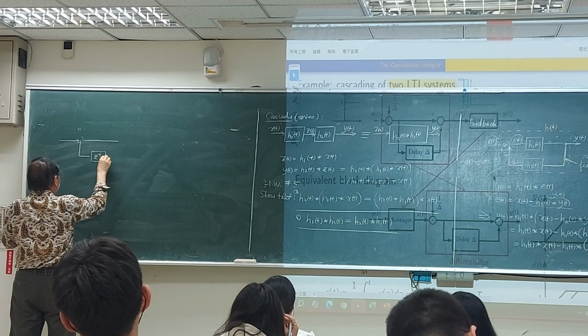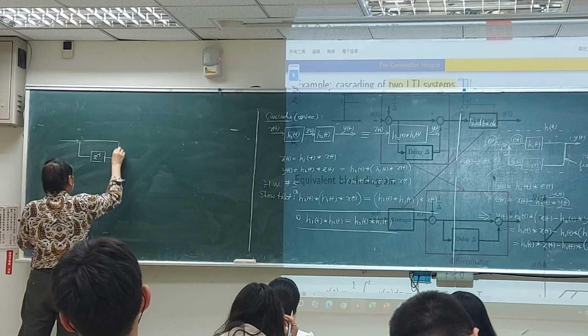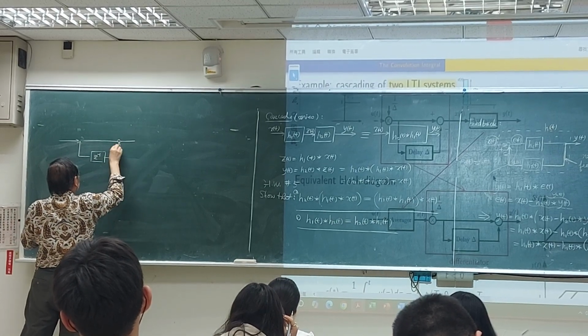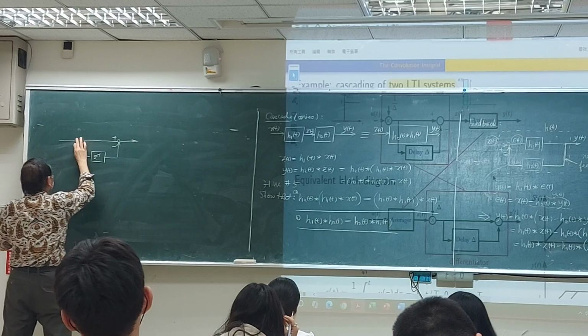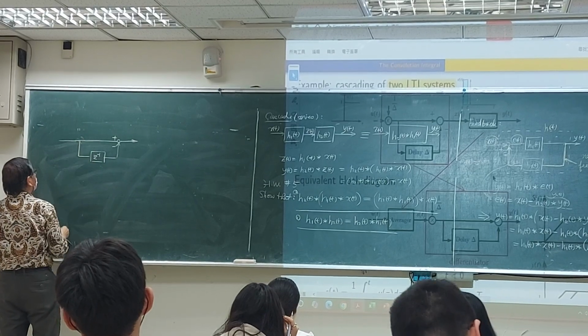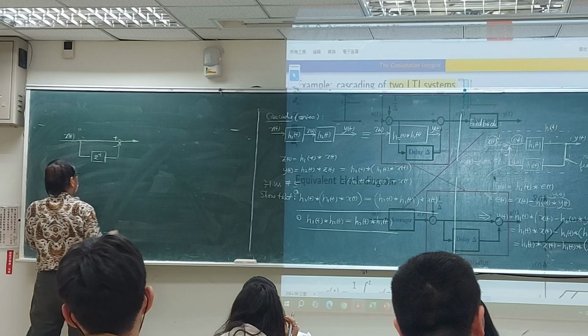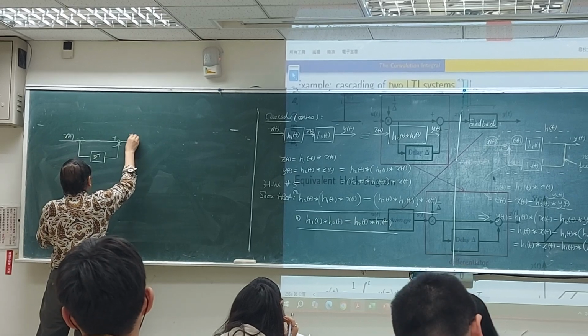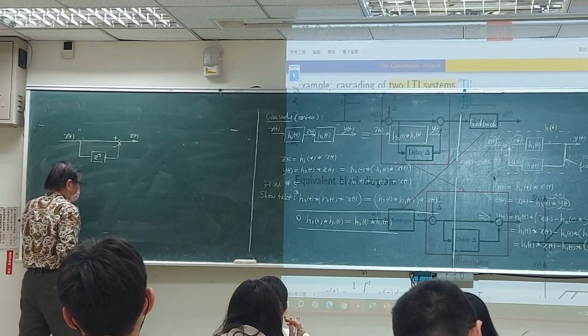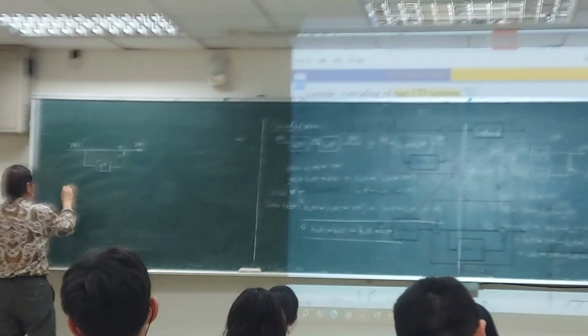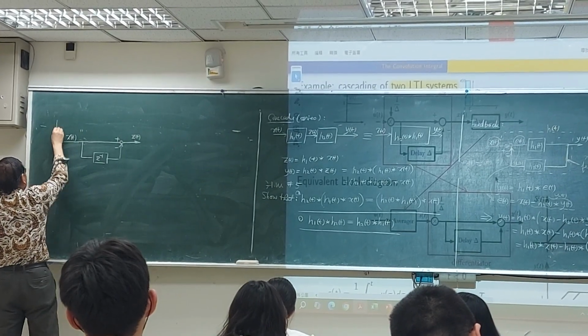Usually we use Z inverse to denote the delay. Suppose we have an input X of t here.